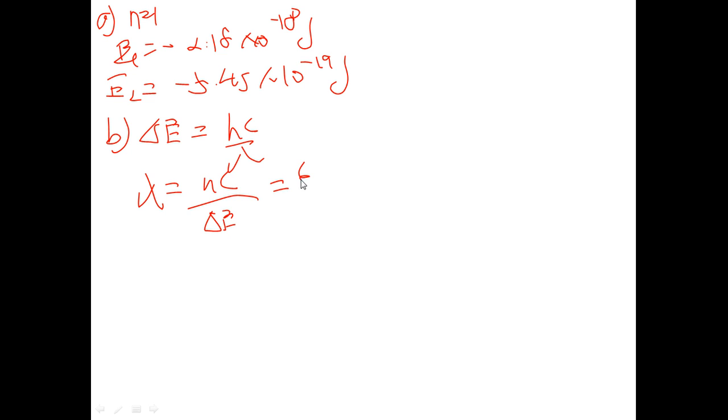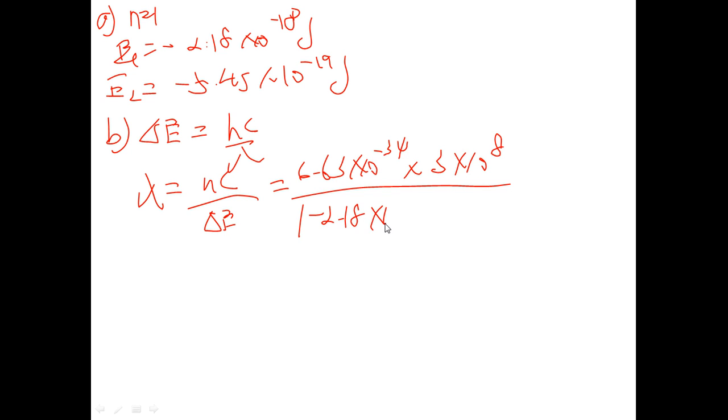Here h is the Planck constant, and c is the speed of light, divided by the change in energy. Now for the change of energy, I will take the modulus, because what I need to know is only the wavelength that is being emitted.